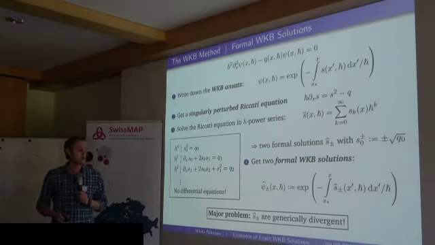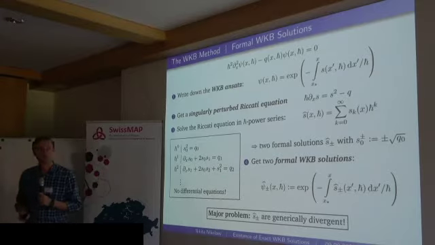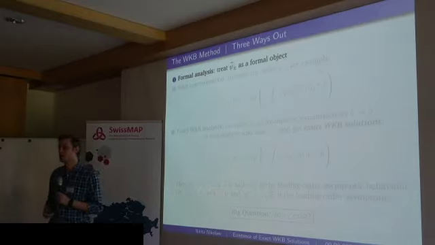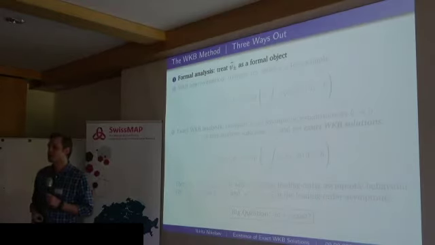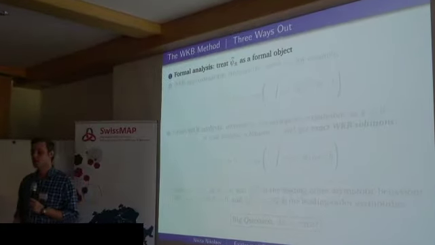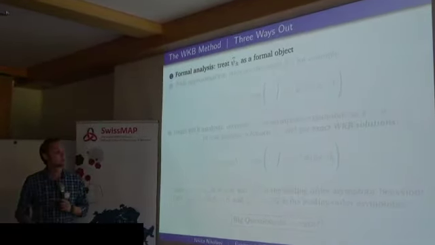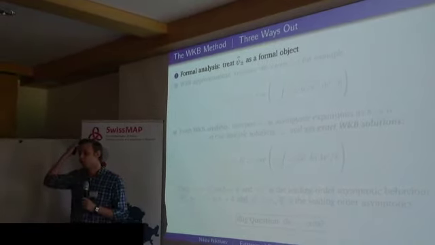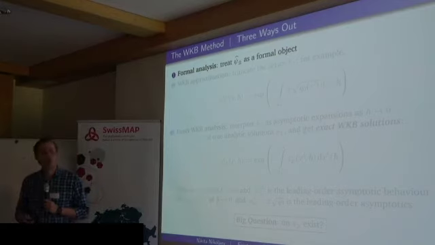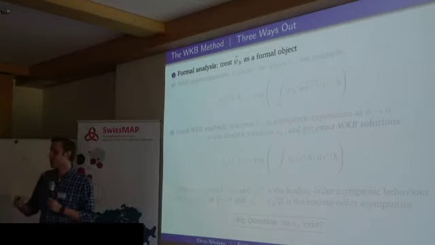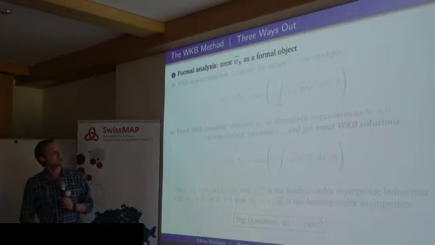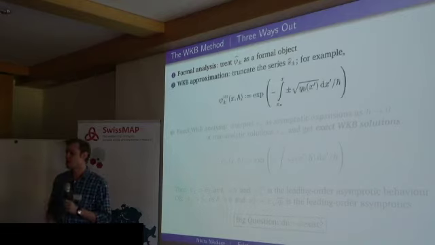So that's a big problem. And there are three ways out of that problem. One is to do formal analysis and just ignore all analytic aspects in the ħ direction, treat this as a formal symbol, and you can get lots of mileage out of it. But of course, oftentimes you do want exact expressions or some kind of analytic expressions. So one easy way to cook up some kind of analytic object out of this formal procedure is just to truncate the formal power series S hat.